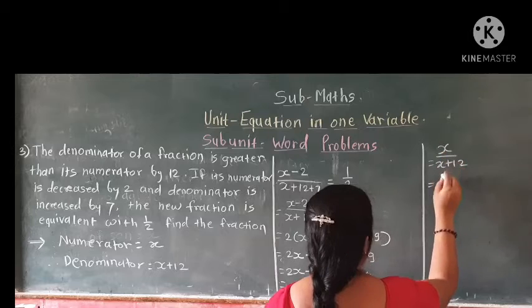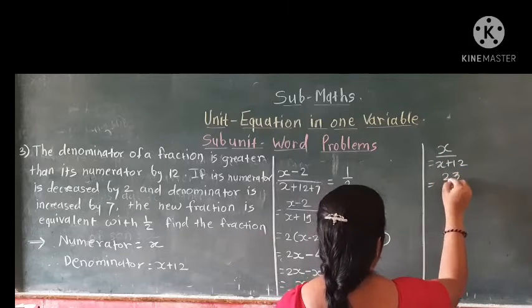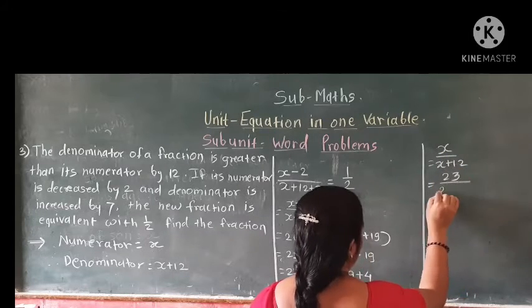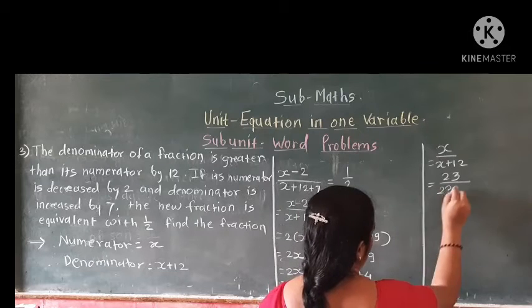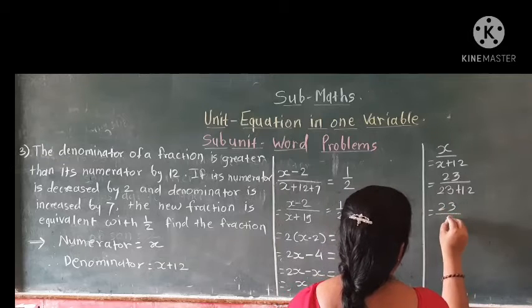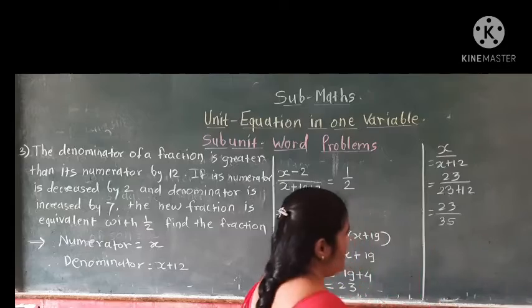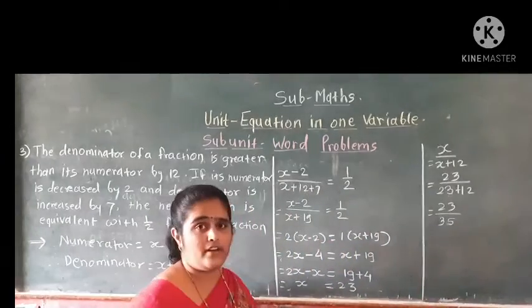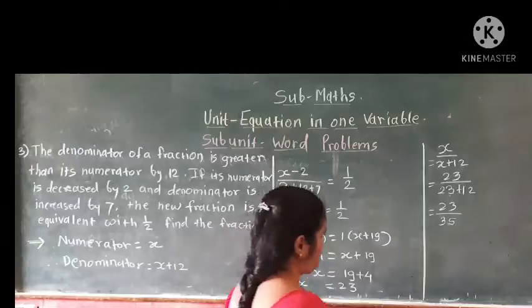We calculated the value of x as 23. Then what will be the denominator? Here the value of x is 23, plus 12, which is 35. The fraction will be 23 divided by 35.